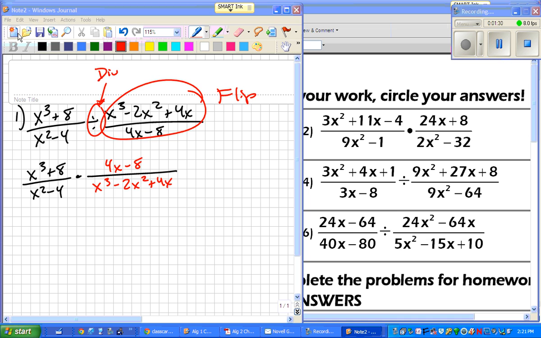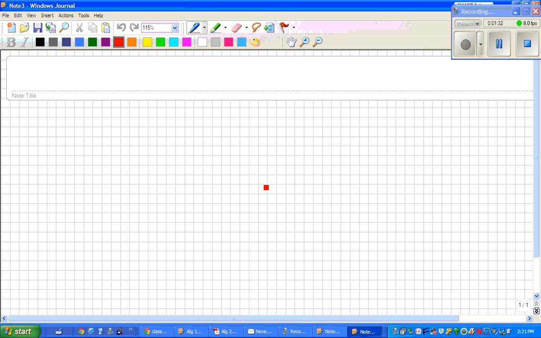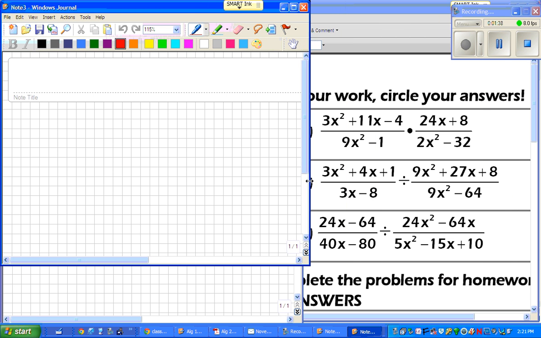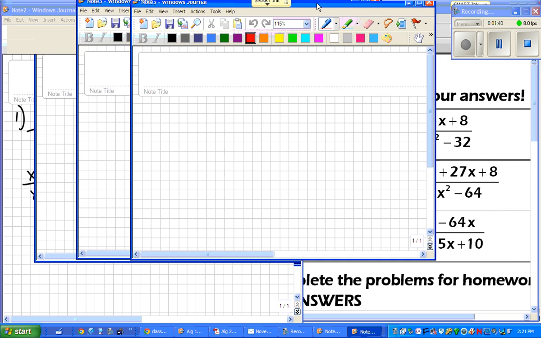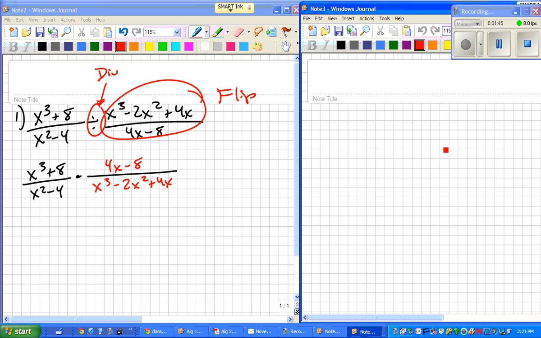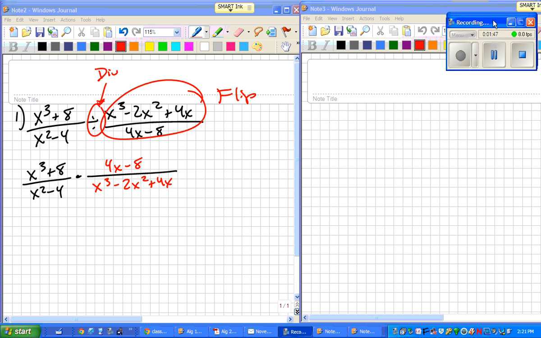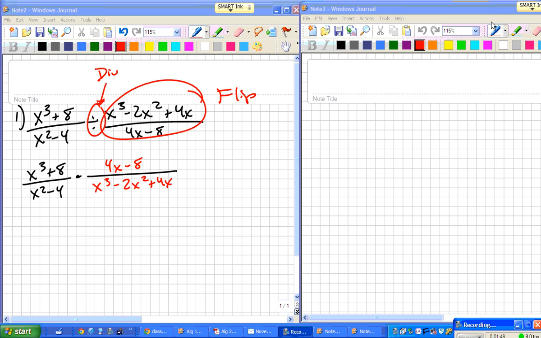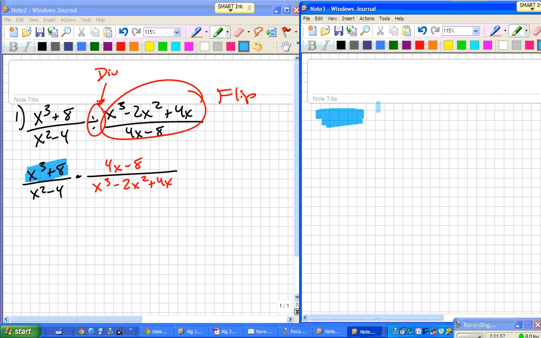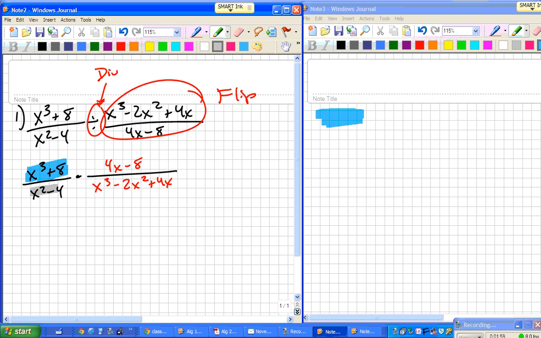Okay, so now on my separate sheet of paper, I'm going to do all my work. So let's move this right here, because we've got a lot of factoring going on. So we got to factor that guy.